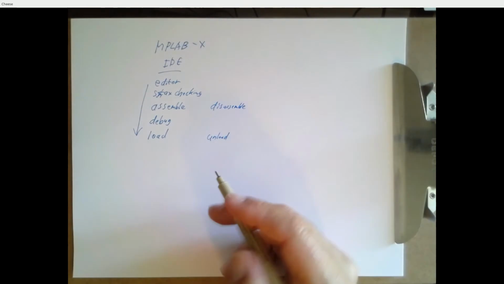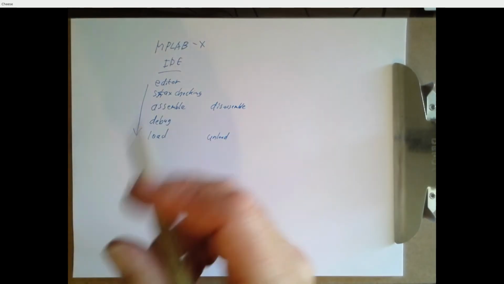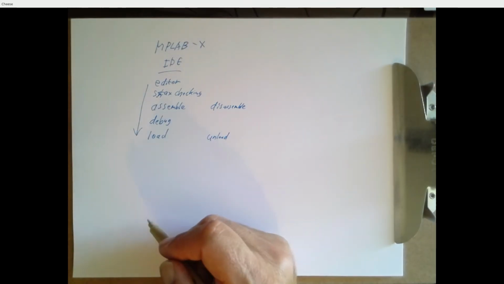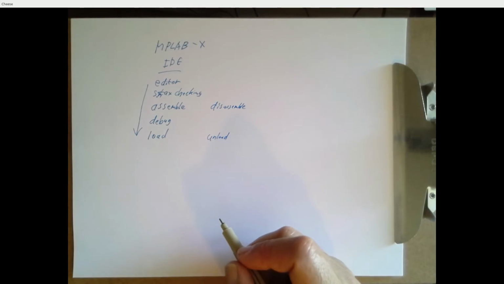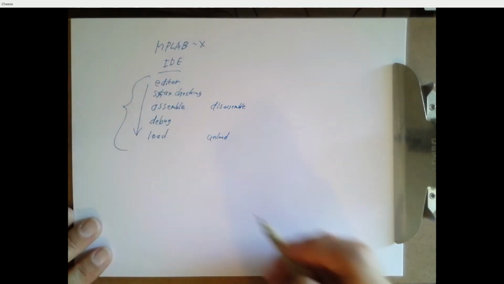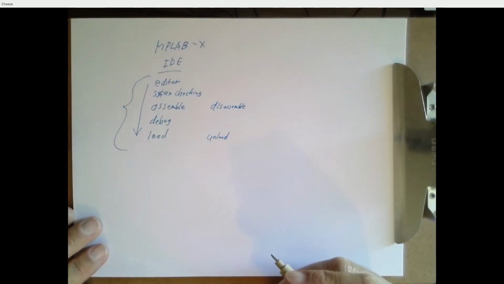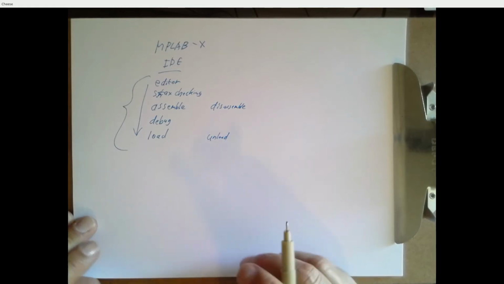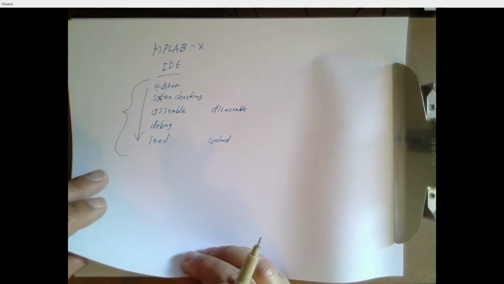We'll write code, check the syntax, assemble it, maybe run it through a debugger, and then load it into a PIC processor, and then our chip is live. So integrated development environment means all these things are being done in a single piece of software. That's MPLAB X.